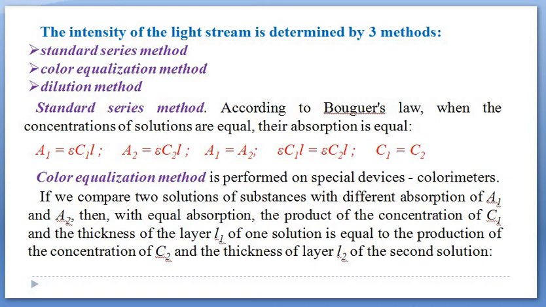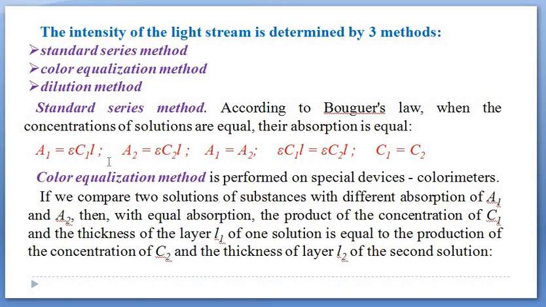The intensity of the light stream is determined by three methods: standard series method, color equalization method, dilution method. Standard series method. According to Bouguer's law, when the concentrations of solutions are equal, their absorption is equal.